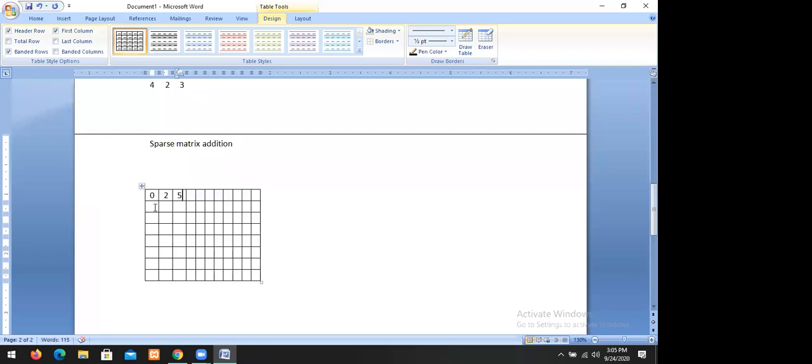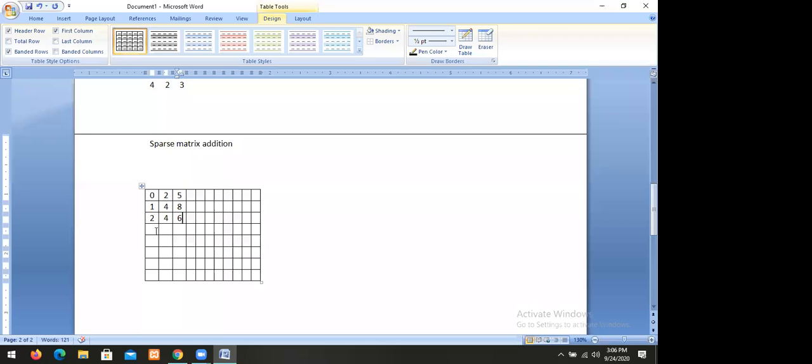Next one is first row, fourth column, value is 8. And second row, fourth column, value is 6.